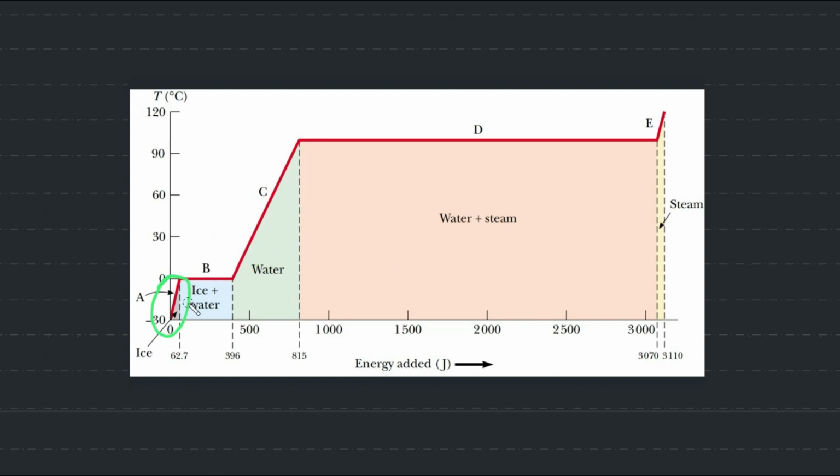So the very first thing is your temperature increase. So basically this part is to do with your ice increasing the temperature. This part is to do with, right here, what? Phase change, that is the ice is becoming water. And at this very point, the last bit of ice becomes water.